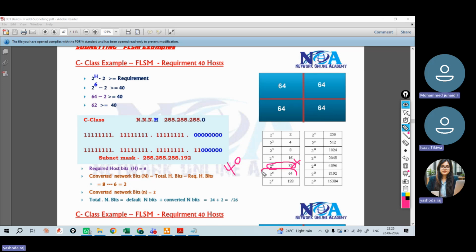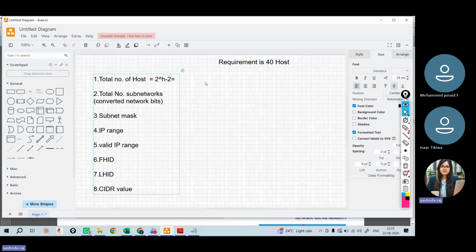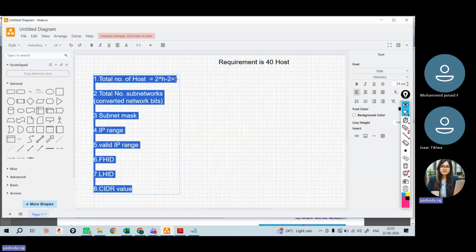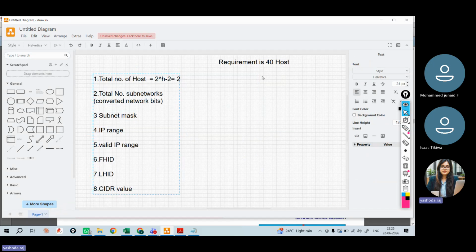I should go with 2 raised to 6. What is the value of 2 power 6? 64. In that we are going to do minus 2. Why?